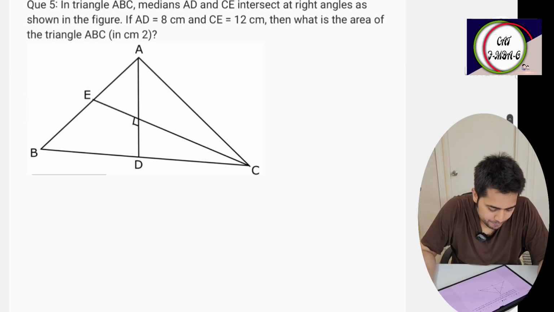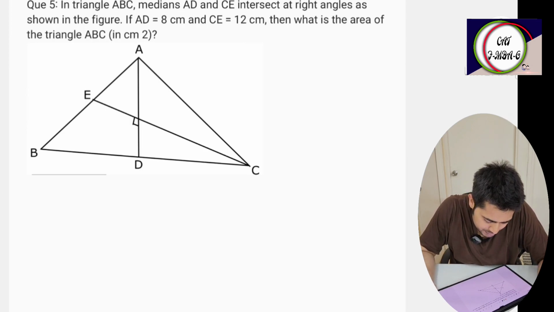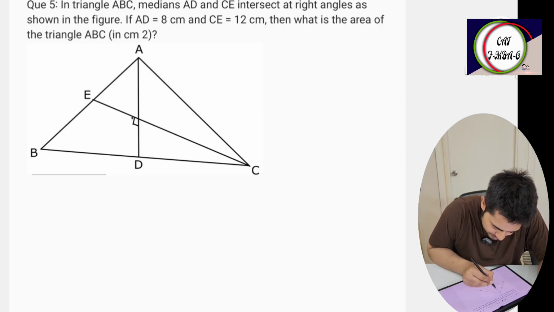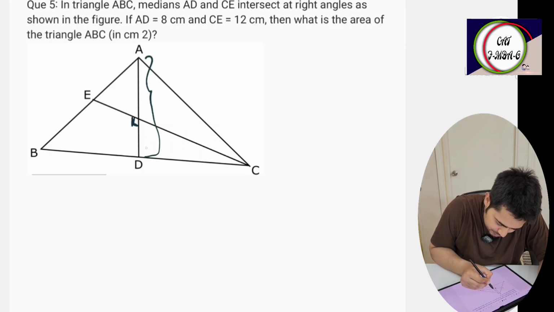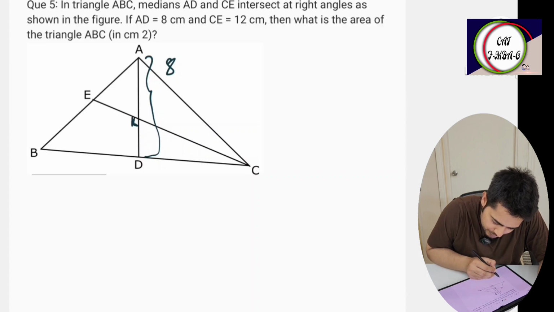Okay, another good question. Triangle ABC, there are medians AD and CE, and they intersect each other at a right angle. Now AD is 8 and CE is 12.